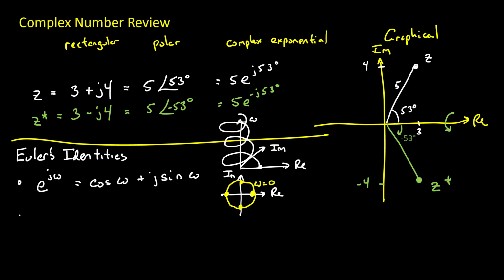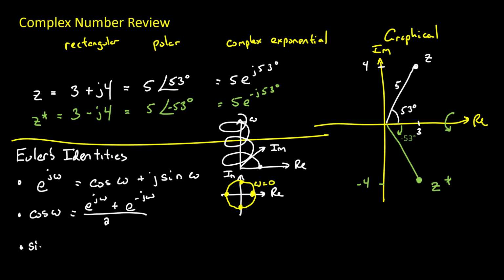The next part of Euler's relationship works in reverse. It says, what is cosine of omega as a function of these complex exponentials? And you can derive that algebraically from the top line. I'll save you the work and say it's this equation.